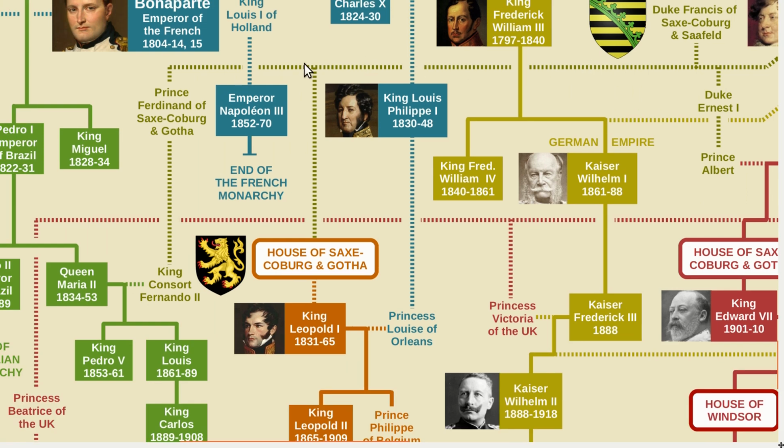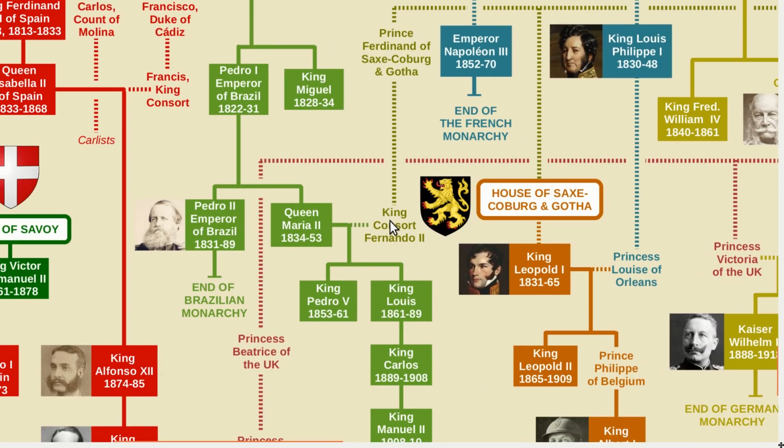In Portugal, however, the house name actually stayed as Braganza after the death of Maria II, and she was succeeded by her son Pedro V and then her son Louis.